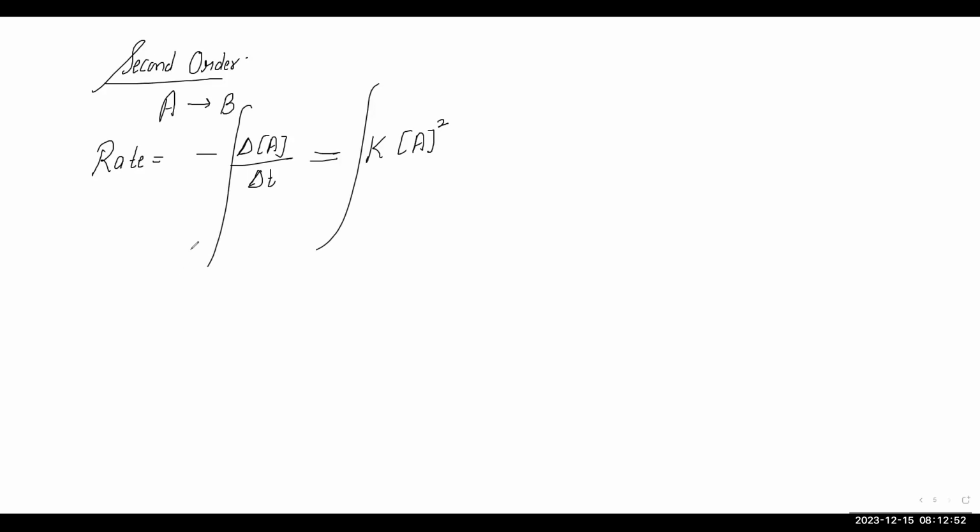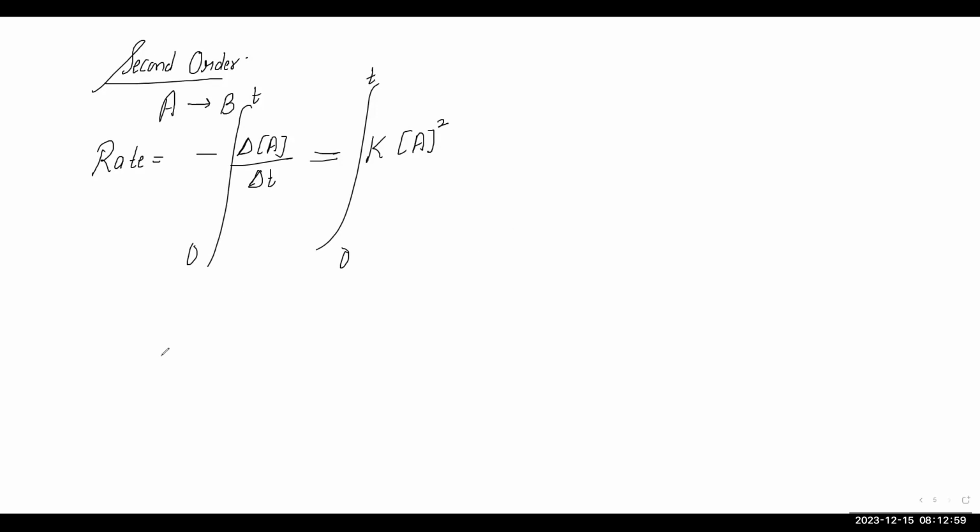Reaction A to B. Rate is minus delta A over delta t, which is also equal to k times the concentration of A raised to power 2, since it is second order. Rearrange and integrate from 0 to t. Calculus.